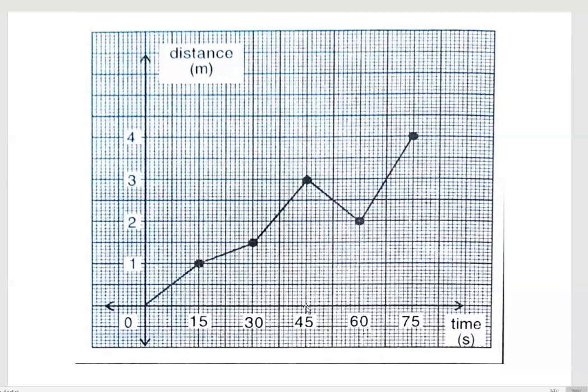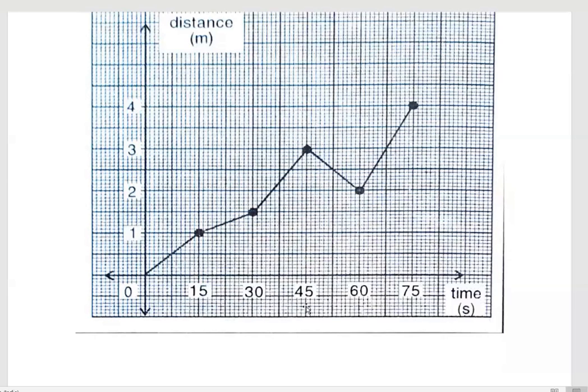So here this object is performing non-uniform motion, because the distance is not equal. See this, from this point to this point, this is the gap, and from this point to this point, this gap is more than this. So this is a clear case of non-uniform motion.